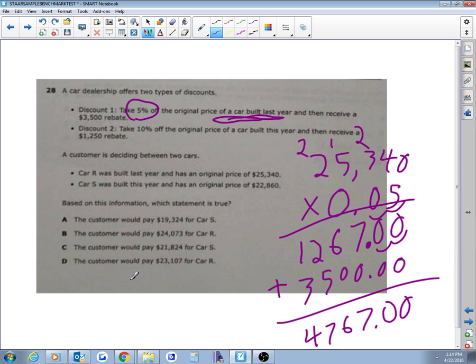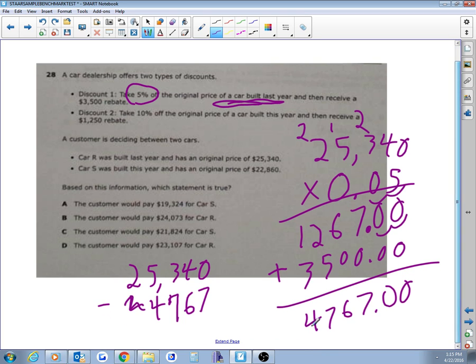So we take the price, $25,340, minus the discounts, making sure we line up our decimal, 4,767.4.